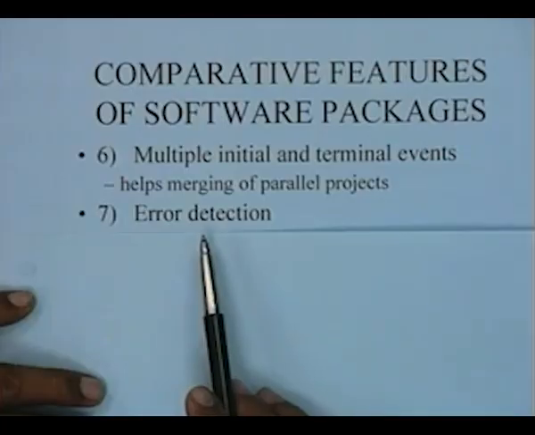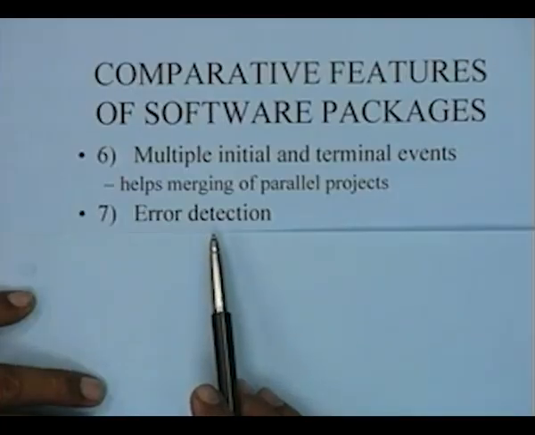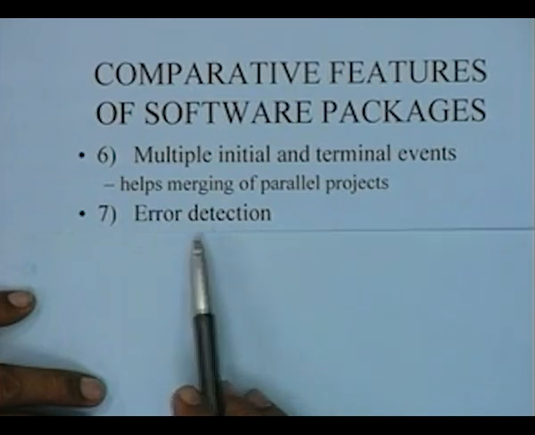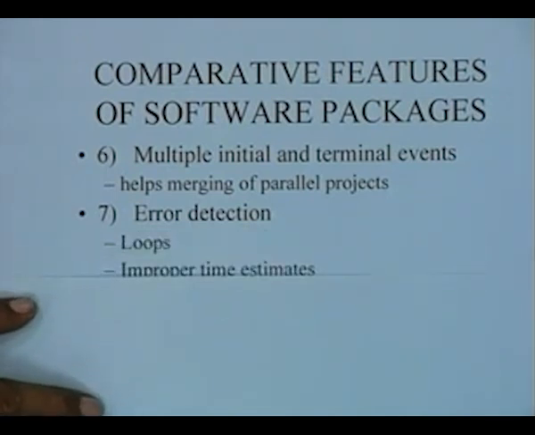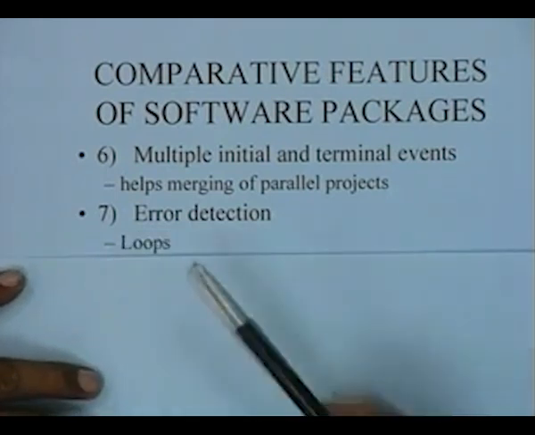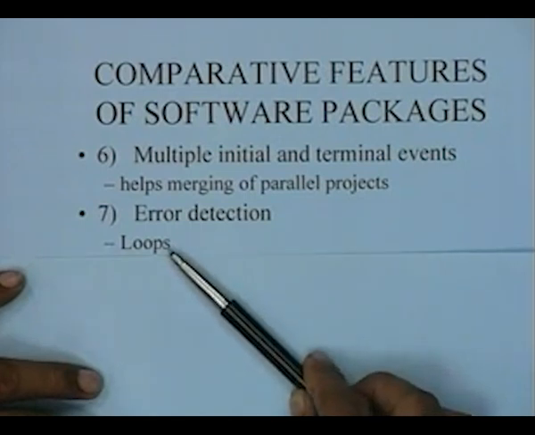The next feature which is important when you are trying to compare software packages is this facility of error detection. And when you are talking about error detection, we are basically talking about the ability to detect loops in the project network, whether this facility is there or not.